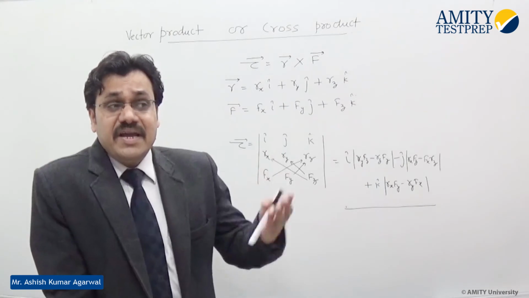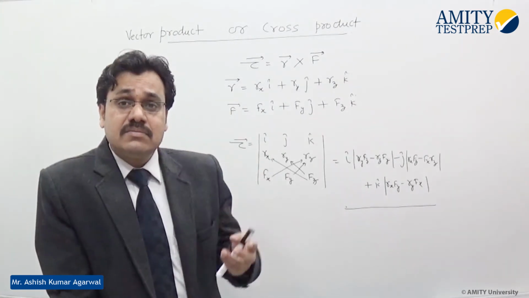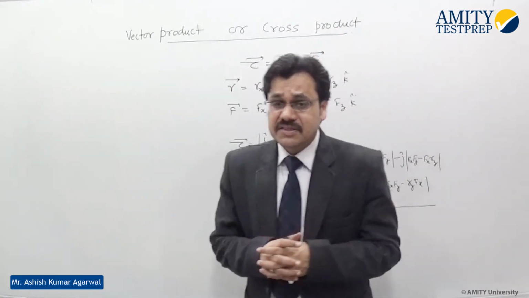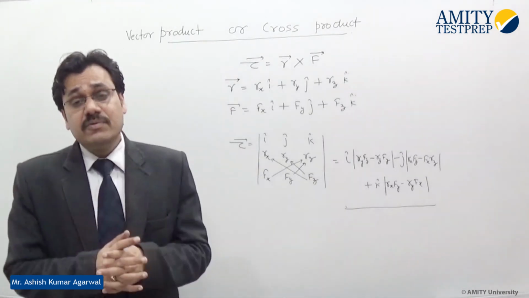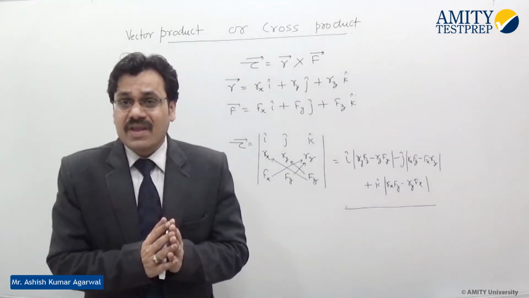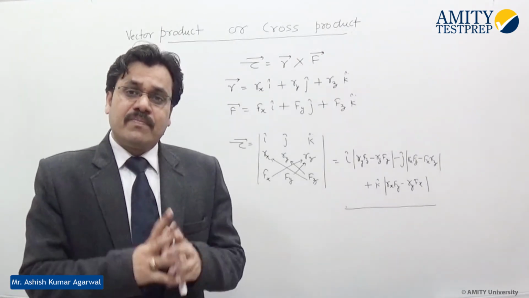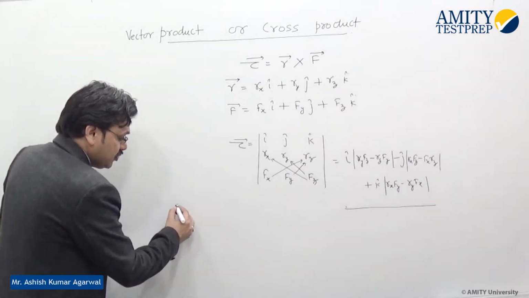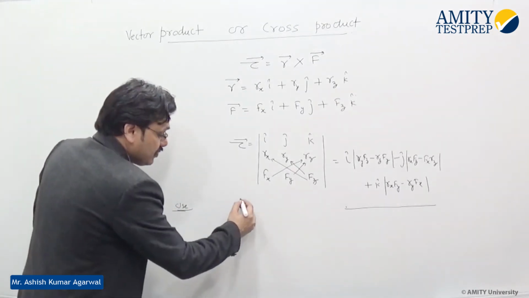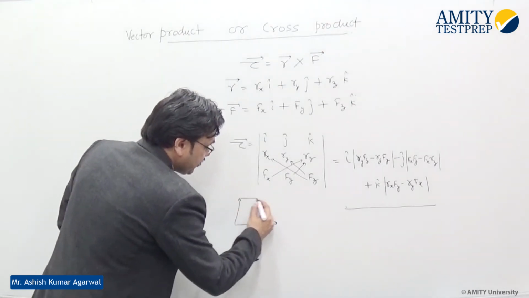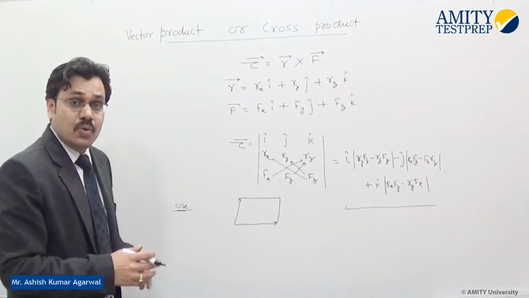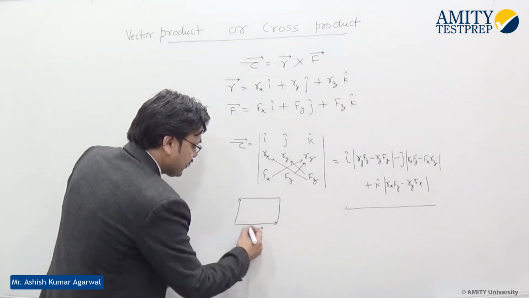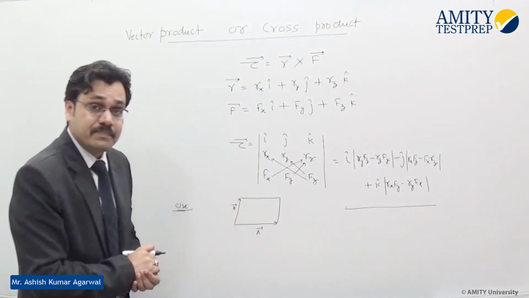Sometimes area: at a lower standard we feel area is a scalar quantity, but at a later stage we have to study the area vector. How can I find the area vector? Suppose I take a parallelogram where two adjacent sides of the parallelogram are represented by two vectors, A vector and B vector.